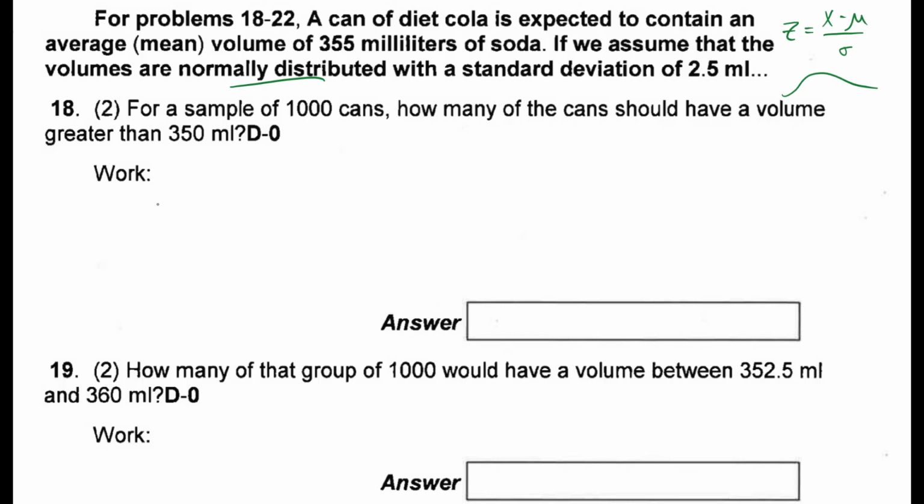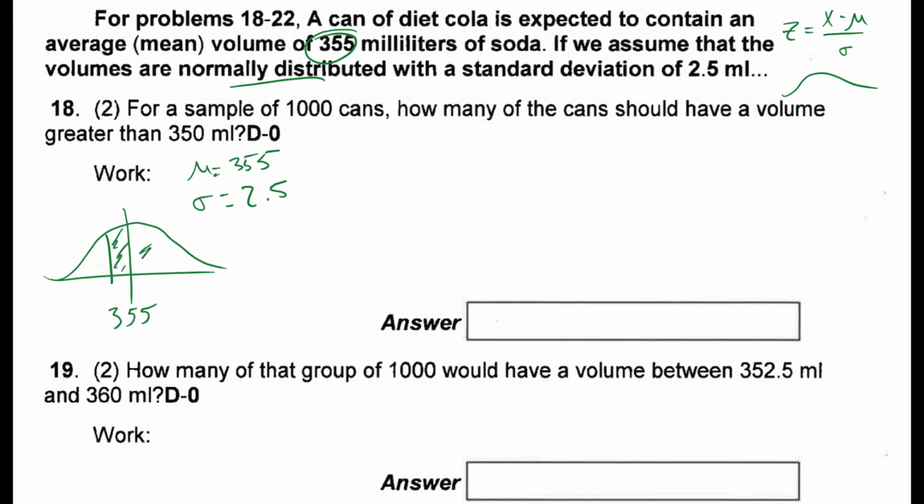Okay, so the average is at 355 according to this, and then our standard deviation is 2.5, and I'm going to reuse that a bunch. But I need a volume greater than 350. So 350 is going to be here, and I need that, plus I need the 50% of it.